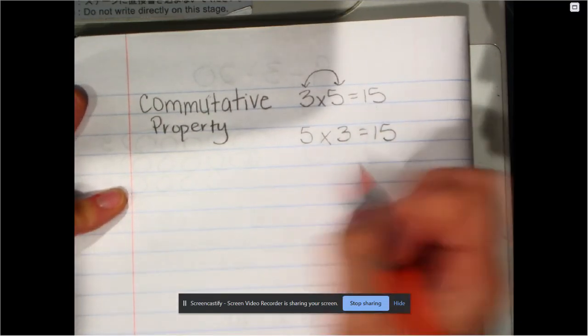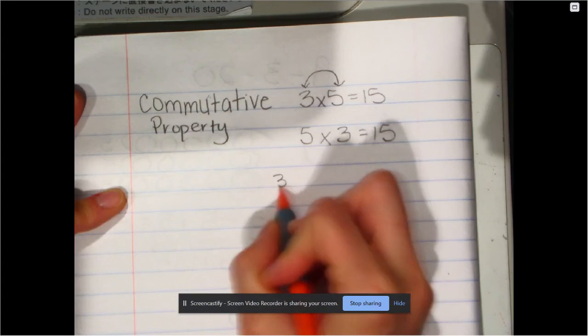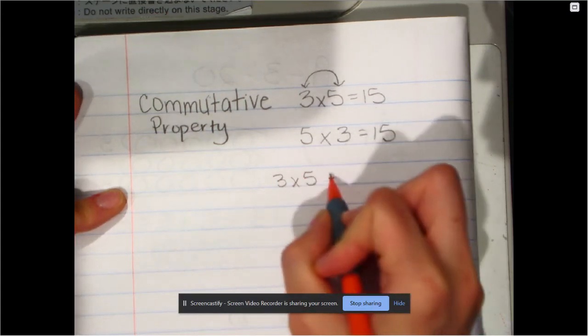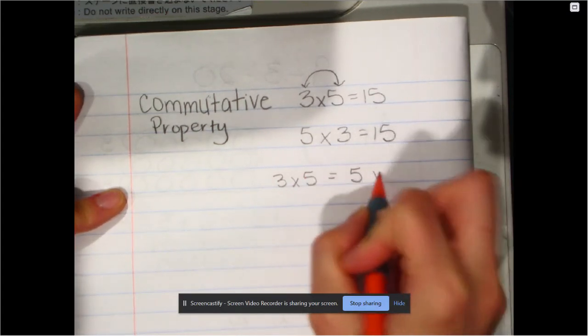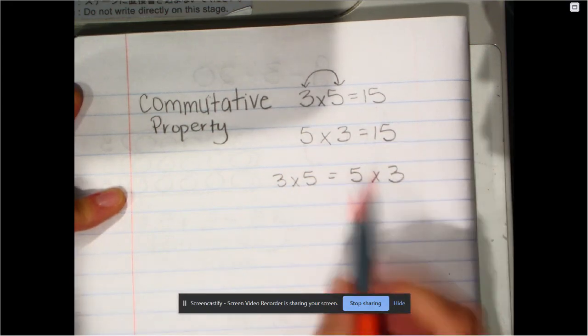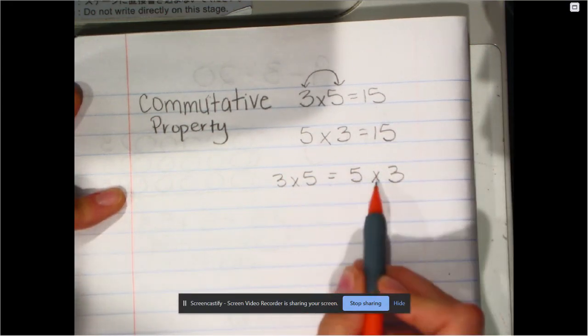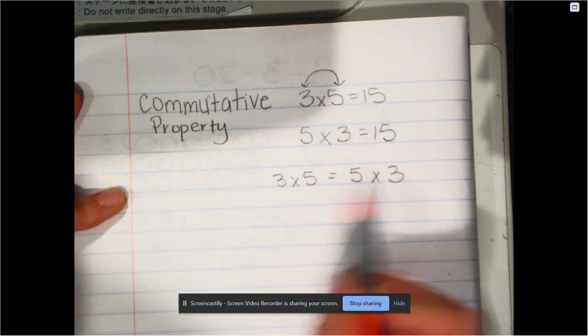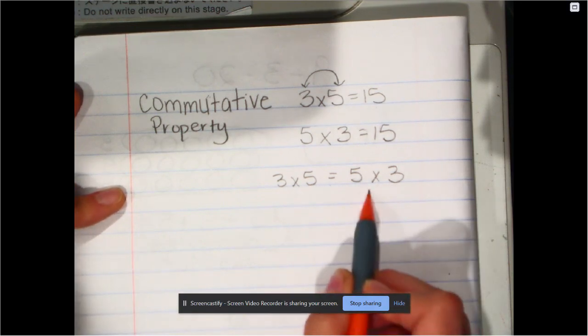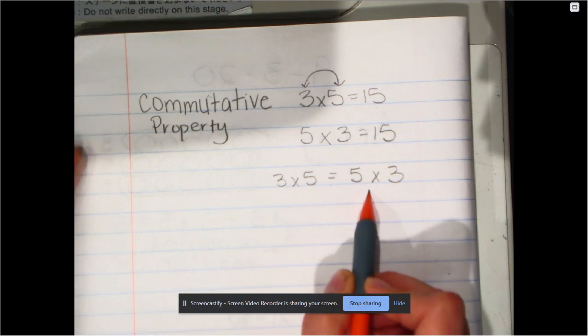So I'm going to say 3 times 5 is equal to 5 times 3. And equal just means these equations are the same. So 3 times 5 is 15, and 5 times 3 is also 15. So these equations are equal.